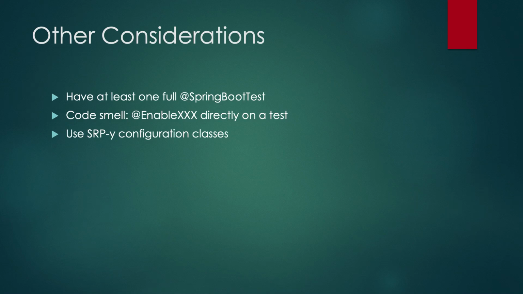Whereas if you have one class called caching config that only contains your config for your caching, then you can import caching config, and you get some very nice isolated tests.